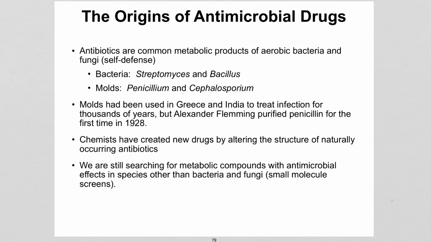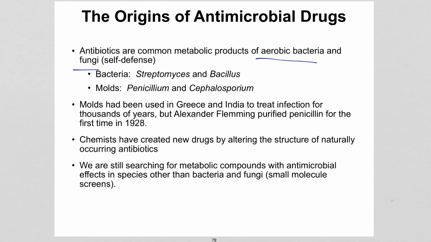Antibiotics are almost always derived, at least in the beginning, from natural sources. What it means is they're metabolic byproducts of either bacteria or fungi. And this makes sense because bacteria and fungi are in competition with each other. When you have multiple organisms growing in close proximity, natural selection is going to favor the production of antibiotics that kill off their competition.